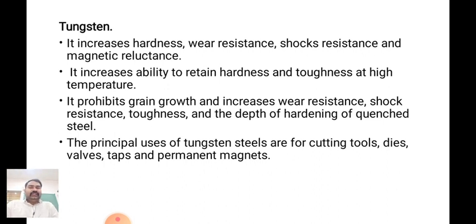The principal uses of tungsten steel are for cutting tools, whatever the cutting tools, then dies, walls, taps and permanent magnets.